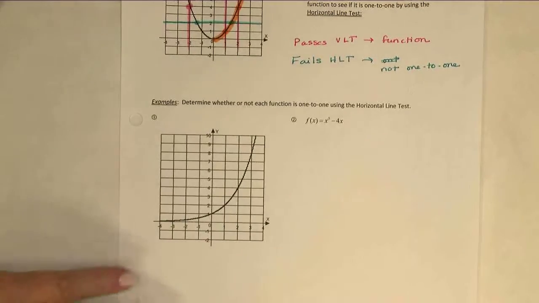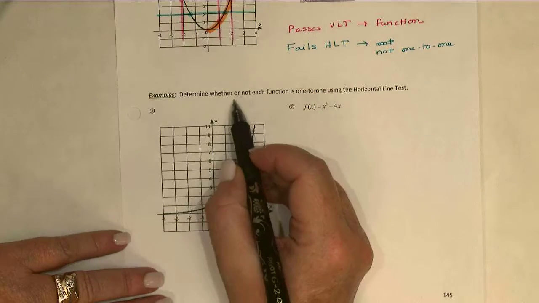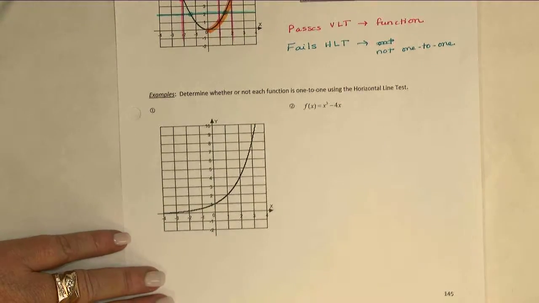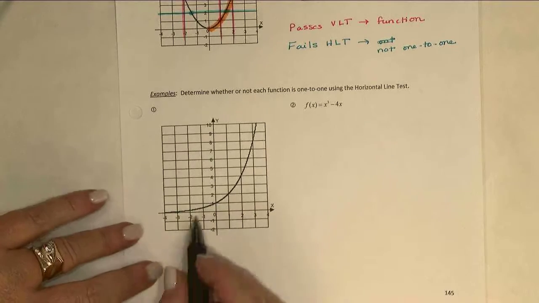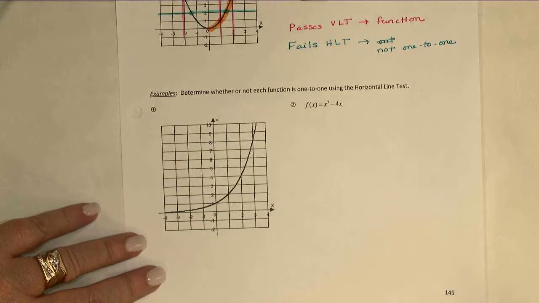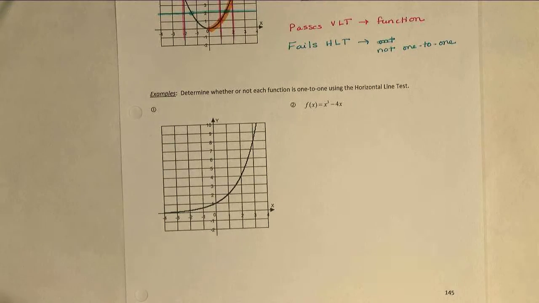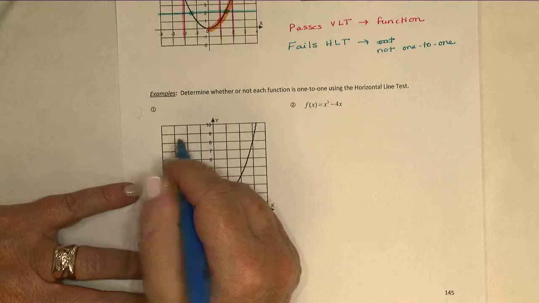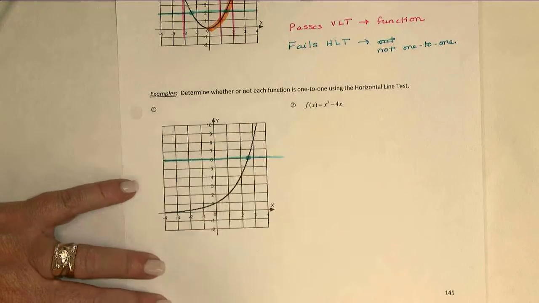All right, let's practice applying our vertical and horizontal line tests. We want to determine whether our functions are one-to-one by using that horizontal line test. Here I'll point out very quickly that it certainly passes the vertical line test, so it's a function. If you think of the horizontal line test, well, let's see, that horizontal line only hits in one place.